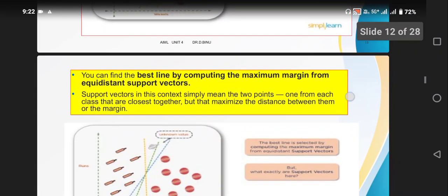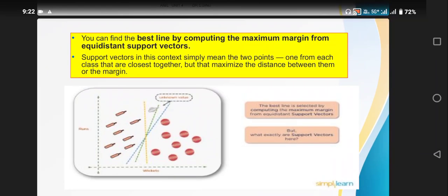You can find the best line by computing the maximum margin from equidistant support vectors. Support vectors in this context simply mean the two points, one from each class, that are closest together but that maximize the distance between them, or the margin.